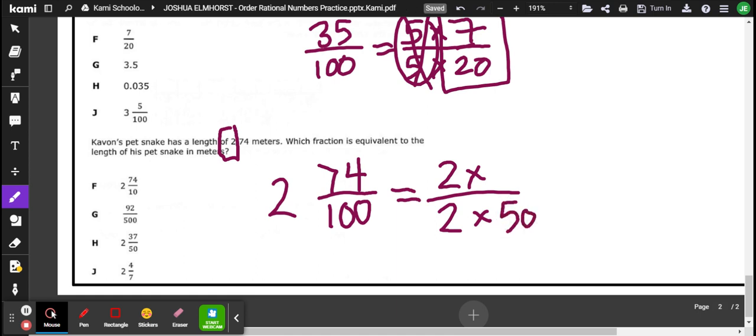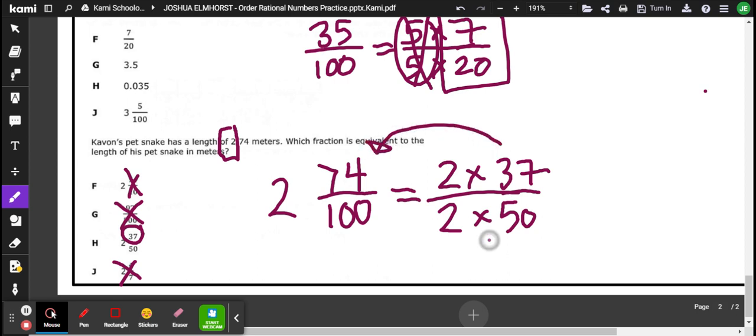So if you look at your answers here, 74 does not go over 10. And that one doesn't even have a whole number. And you don't just take 4 and 7 and make a fraction out of it. So it looks like 2 times 37. 2 times 37 is 74, and 2 times 50 is 100. So if you cancel the 2, you have simplified your fraction.